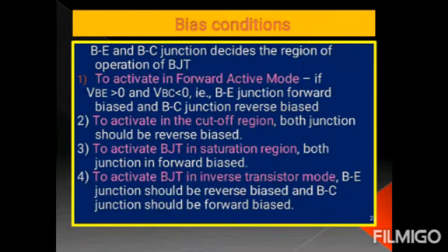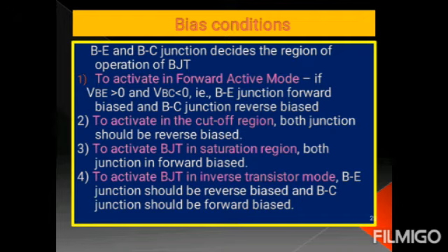Okay, what is the condition for biasing? To activate your transistor in the active region, we have to make the base emitter junction forward bias and the base collector junction reverse bias. Okay, to activate the BJT in the cutoff region, both junctions should be reverse bias.